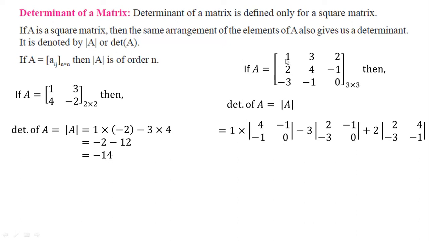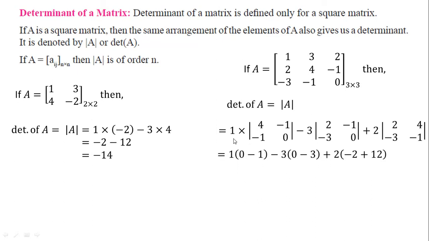So every time we select first 1, then 3, then 2. Here we have to take the minus sign. By this way we get this step. This is a very important step, remember all of you.